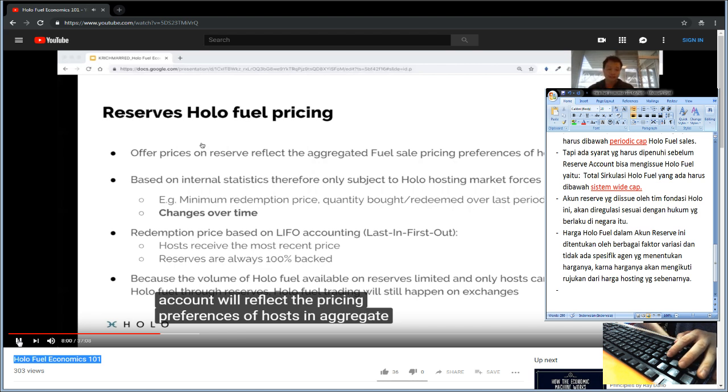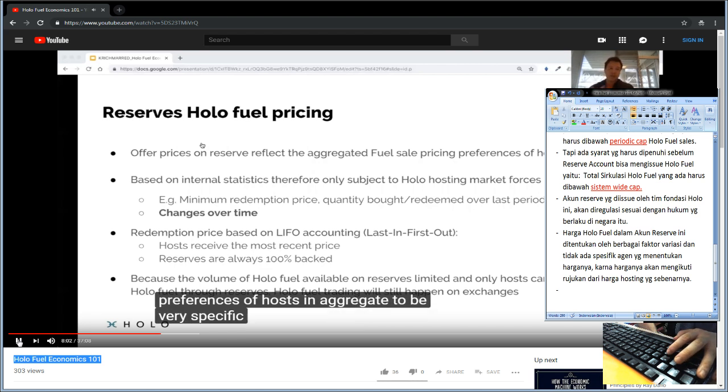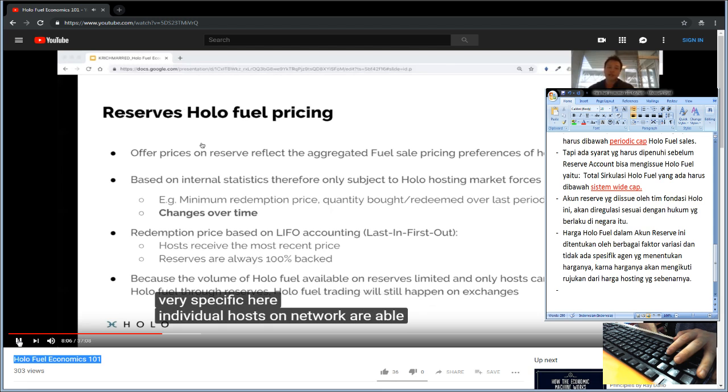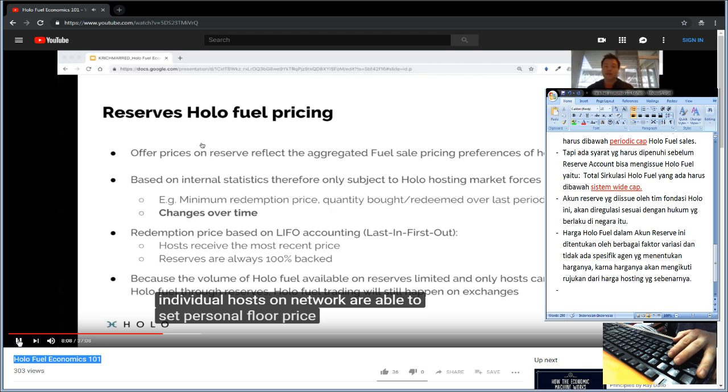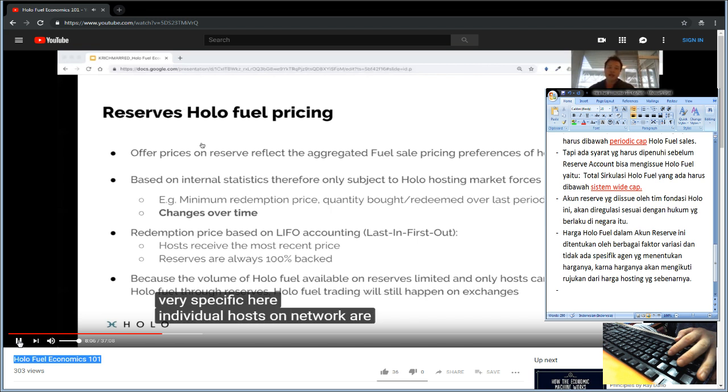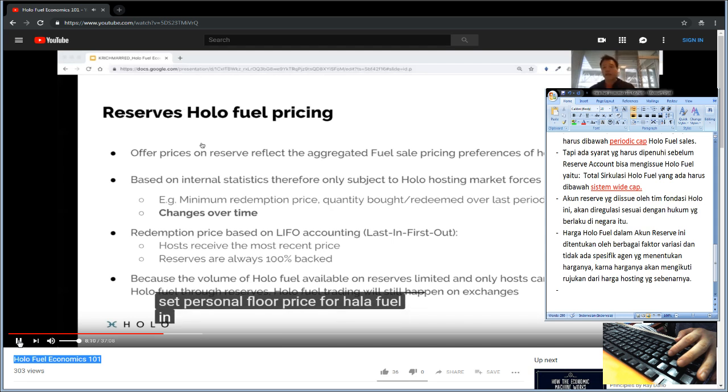Hosts in aggregate. To be very specific here, individual hosts on the network are able to set a personal floor price for Holo Fuel in their hosting software.